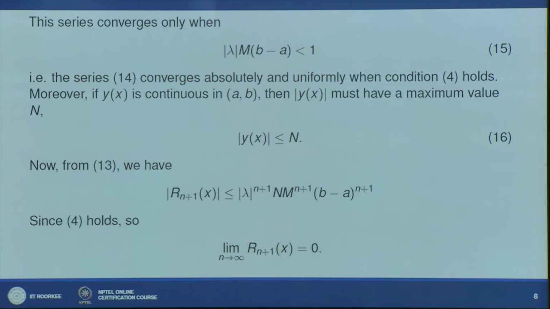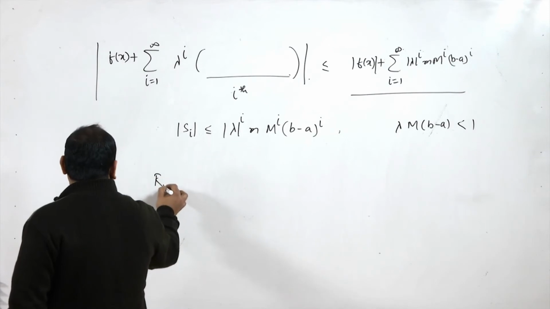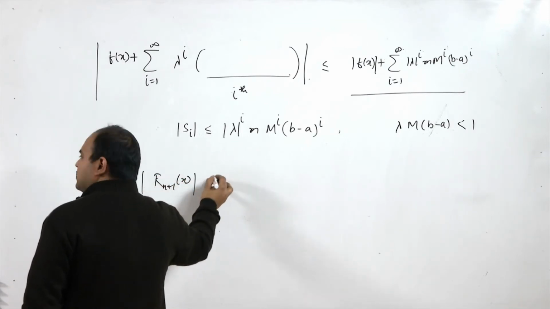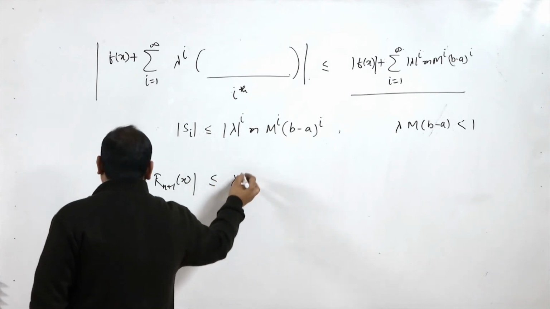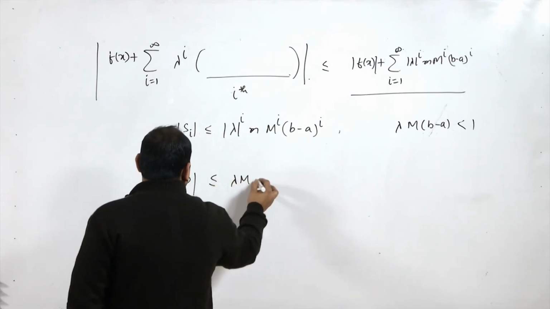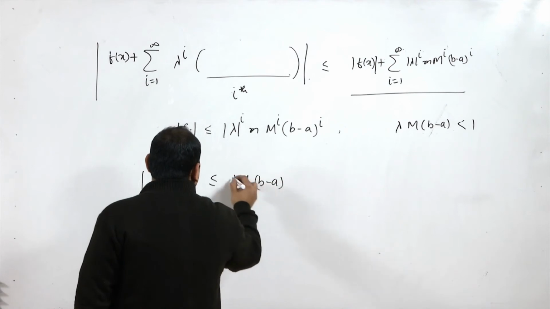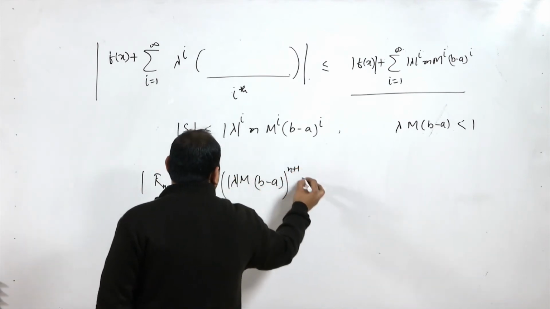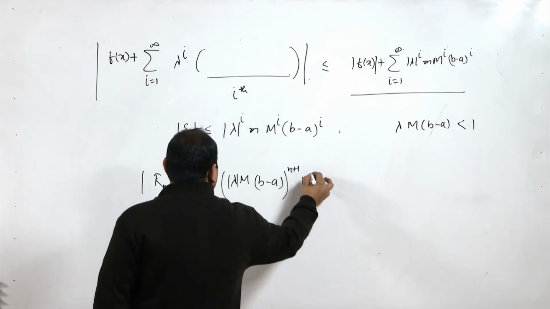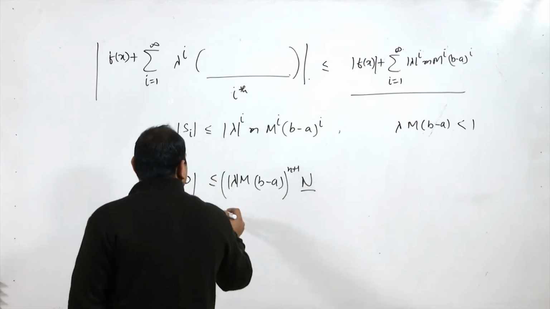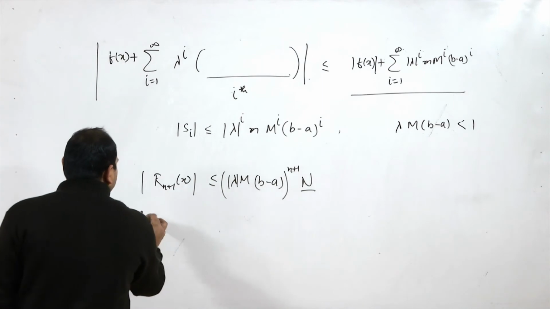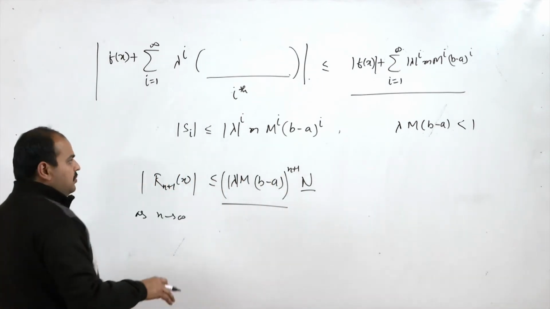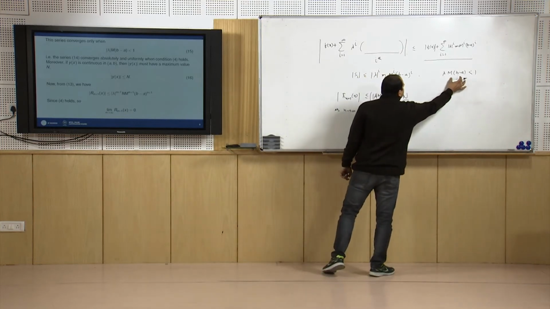Let me write it here. We have modulus of R n plus 1 bounded by modulus of lambda capital M, b minus a, to the power n plus 1, and N, which is a bound of yt. As n tends to infinity, this term tends to 0 because this is already less than 1.